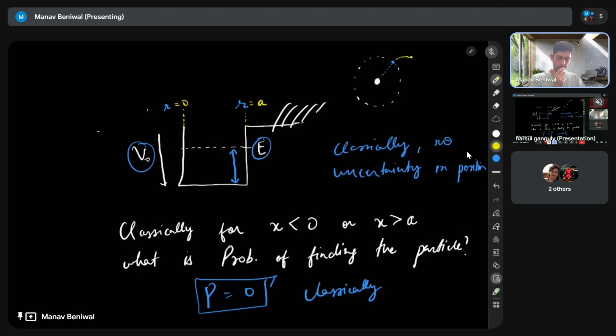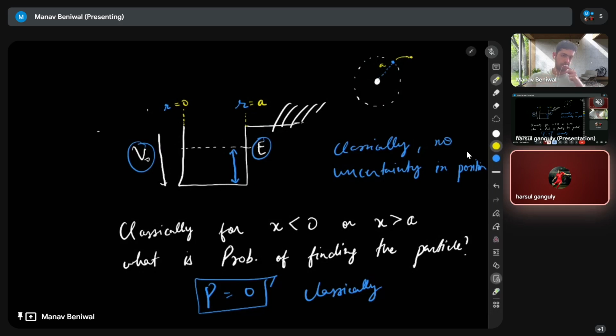So the probability of finding the electron at a distance greater than this a will be 0, because it is a bound system. Classically it will always remain bound, and there are no uncertainties in the position. We have found that the particle is at this position, and if we don't give any perturbations or any new potentials, the particle will just remain there.